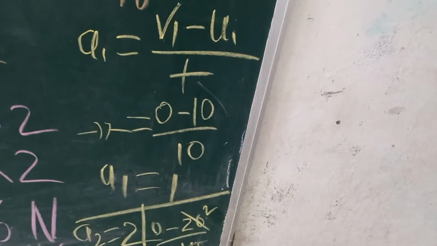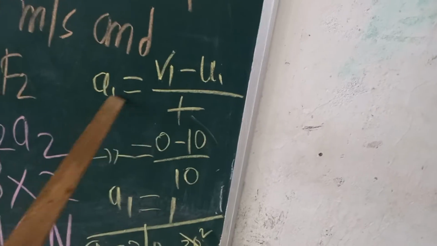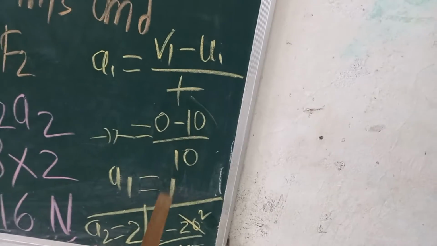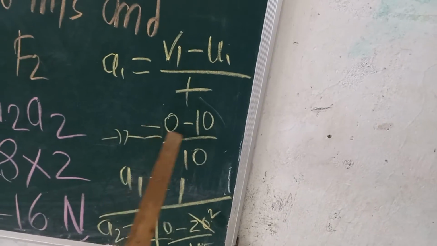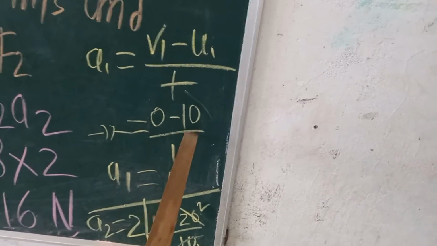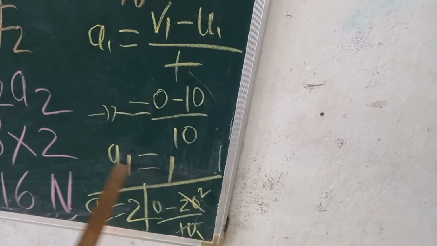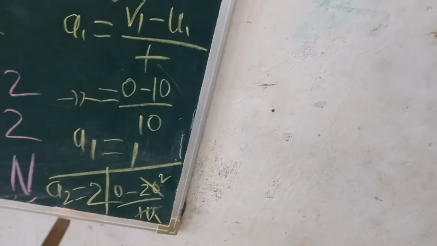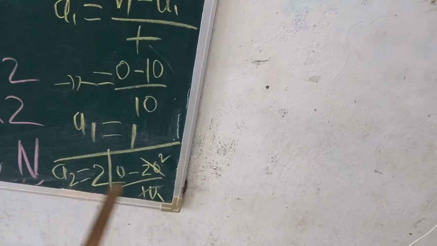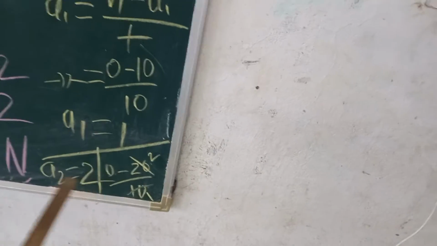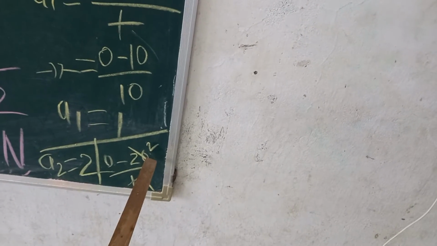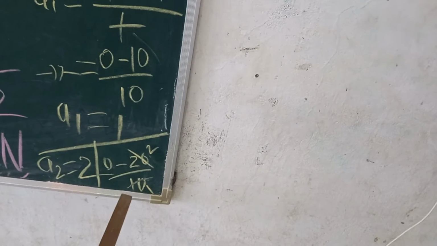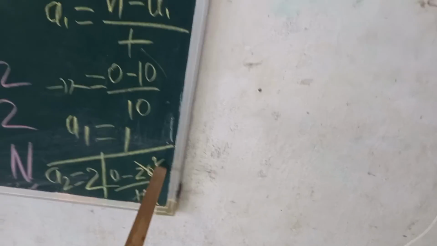So A1 is 10 divided by 10, which is 1. And A2 is 20 divided by 10, which is 2.